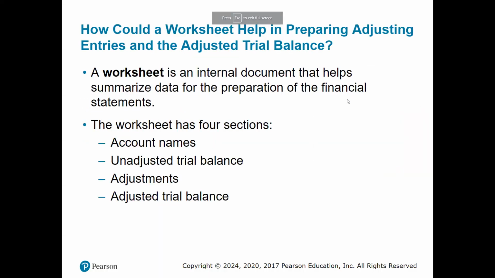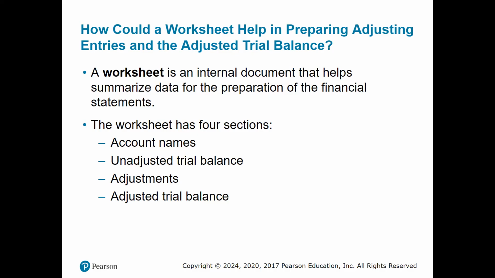So for the worksheet, basically we're doing the exact same accounting process that we did prior to this, as far as making adjustments and then coming up with what our adjusted trial balance is. But then we can also use it to separate those columns out into the format of the financial statements that we want to prepare.